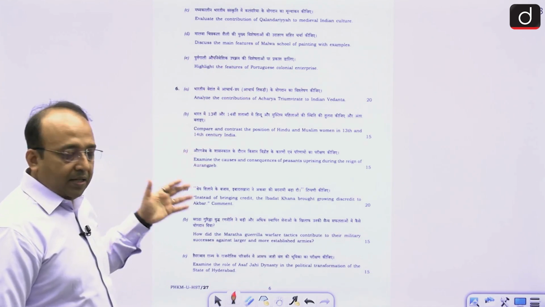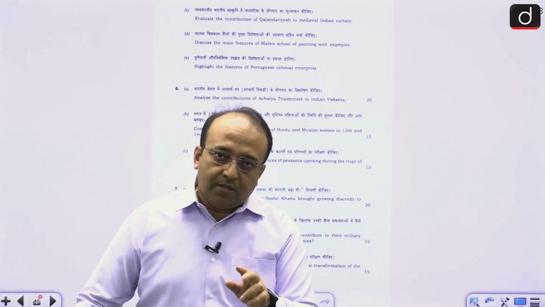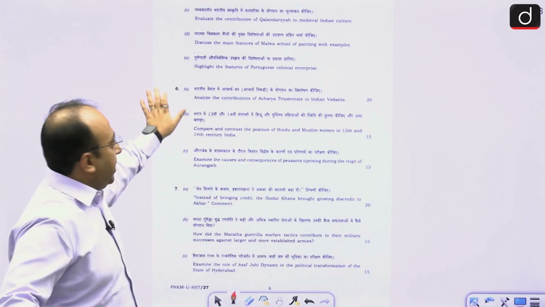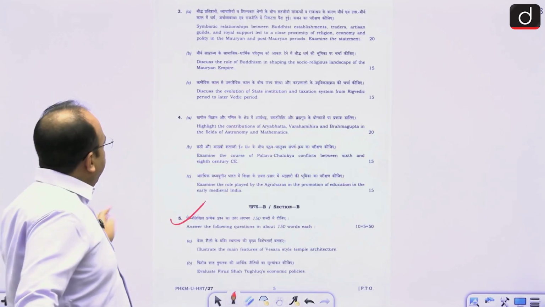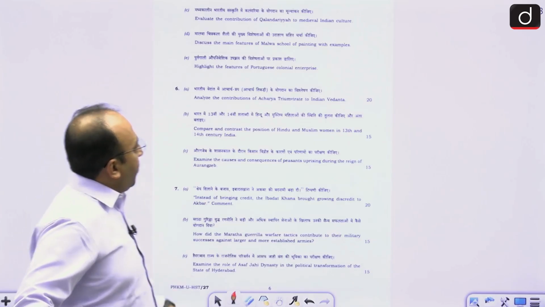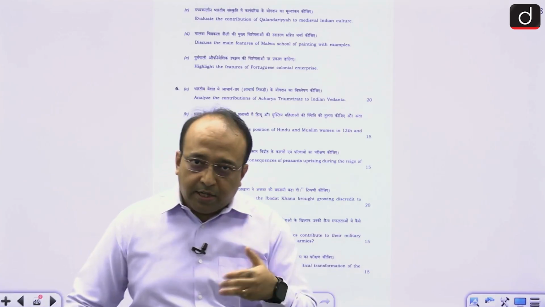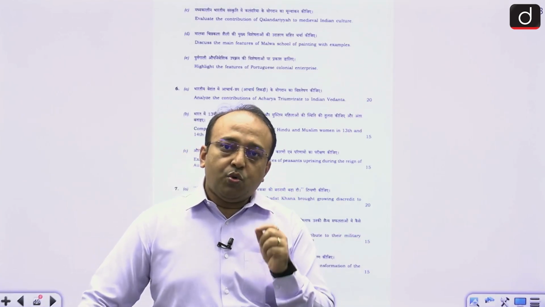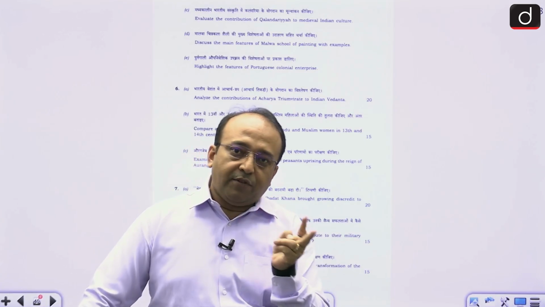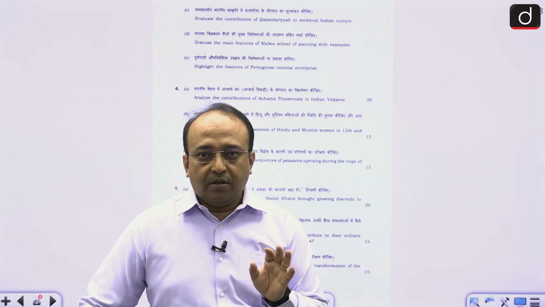So, what are they actually asking? They are asking you to write these 2 compulsory questions, question number 1 and 5. And then afterwards you have to write 3 more, and of these 3 more you have to select 2 from either of these 2 sections or 1 from either of these 2 sections.